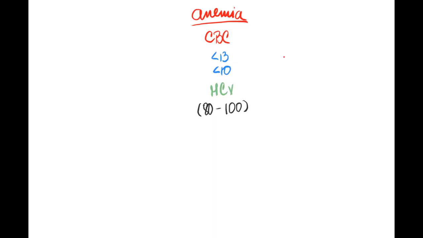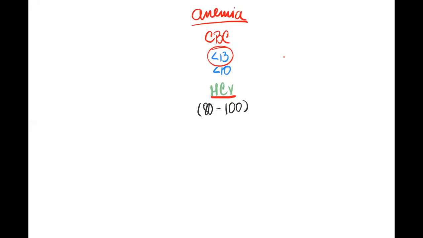So if we need to approach an anemia, and we see any levels under 13 in the hemoglobin, we are able to say that the patient has an anemia. Now, the second step is to review the MCV, the mean corpuscular volume. With these two steps, we are able to classify the anemia.